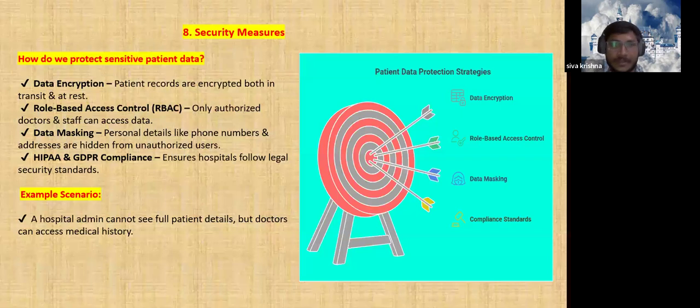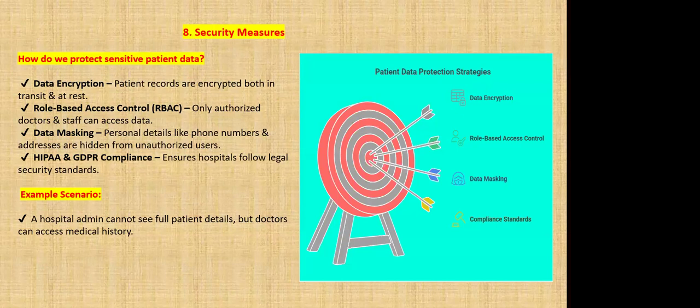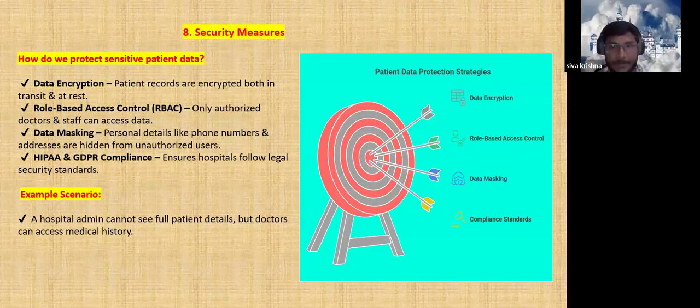In that case, these personal details could be exposed, violating the Health Insurance Portability and Accountability Act and the General Data Protection Regulation compliance. So we follow data encryption, so that patient records are encrypted both in transit and at rest. We also follow role-based access control, so that only authorized persons, doctors or staff can access this patient data.